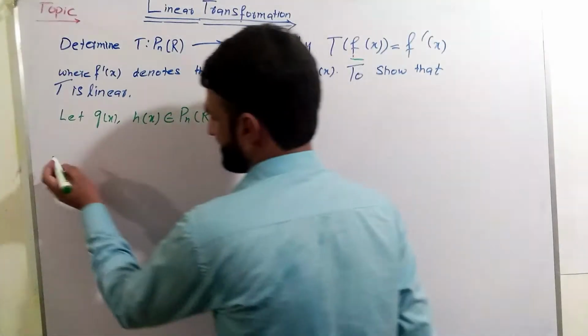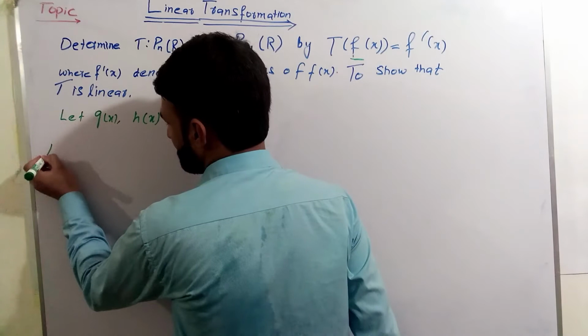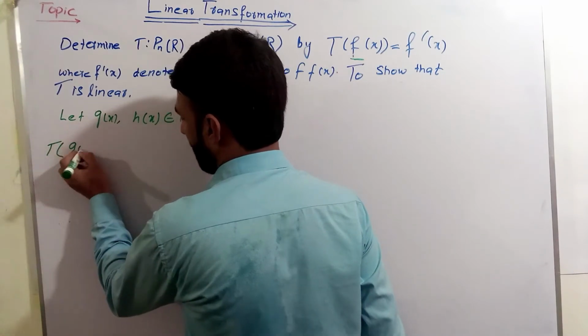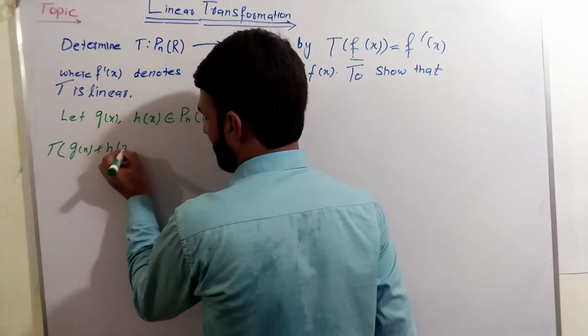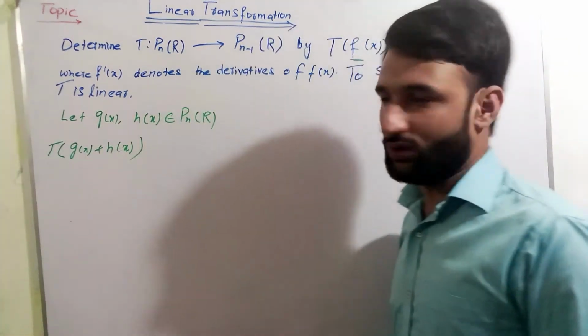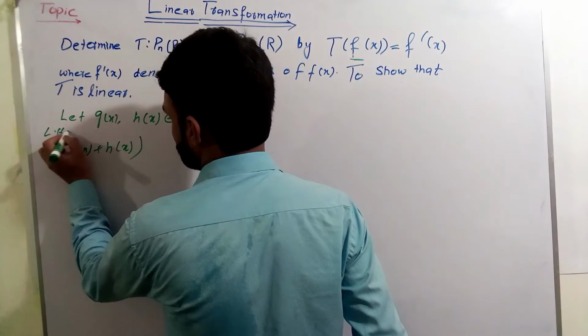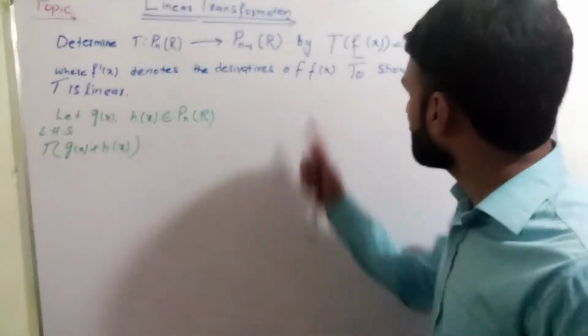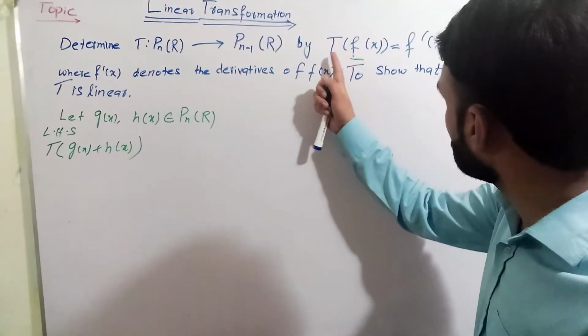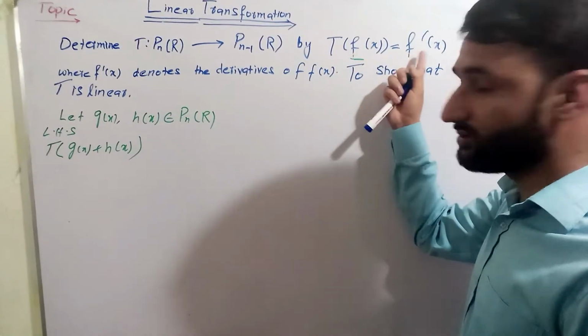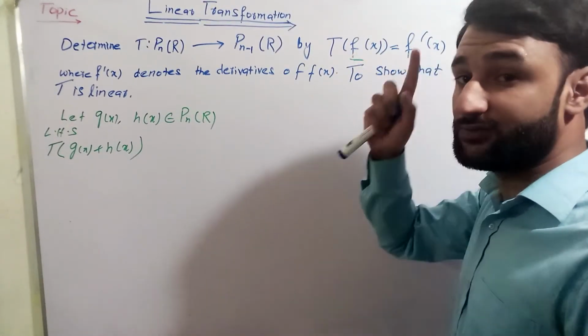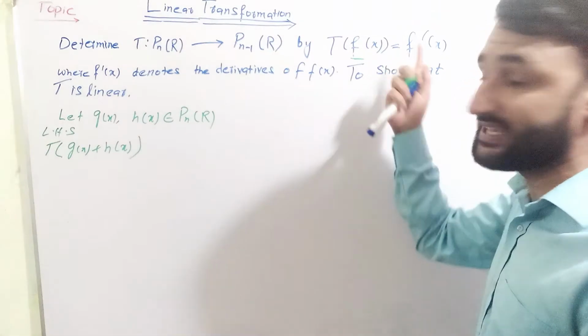The first property is T of g of x plus h of x, which is the left hand side of the expression. When we apply the transformation, we plug in the values and obtain the derivative.